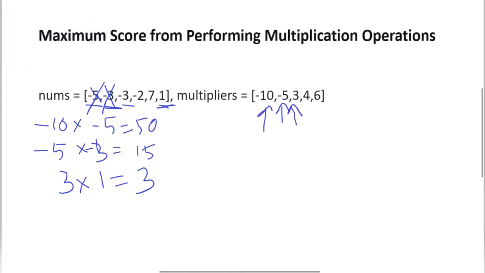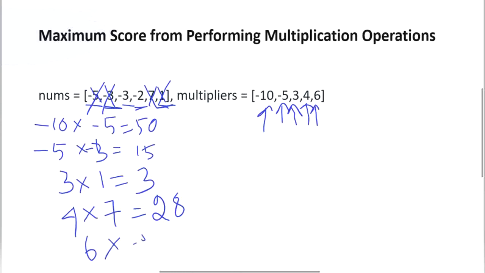I'll tell you why later, but let's consider we have multiplied it with 1 and move on to our next element, 4. 4 with 7 or -3. 4 with 7 is going to give us the higher value, so we are going to multiply it with 7. So that is going to be 28. And finally moving on to 6, multiplying 6 with -2 is going to give us a higher value. So 6 into -2 is going to give us -12. So this actually sums up to 84.